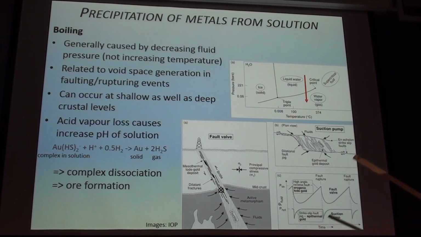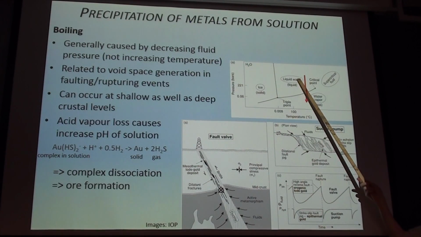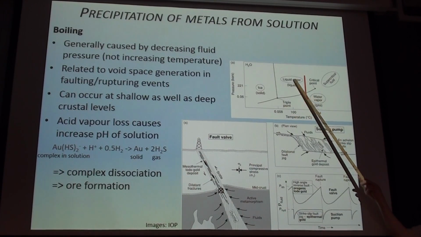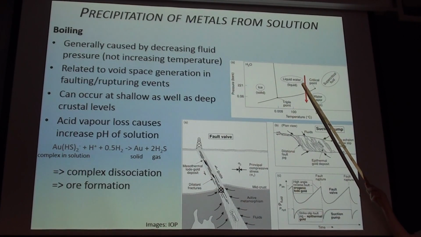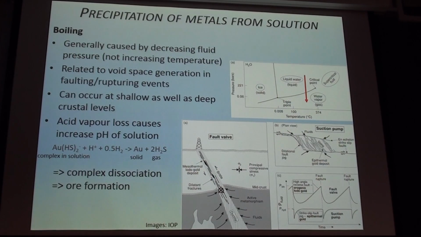Turn it on and we boil the water with eggs. If we want to cause this process in the crust, it's much easier than adding temperature from underneath: by letting the hydrothermal fluids flow towards the surface, we have decreasing pressure, and so we go from liquid water to vapor on the phase diagram.